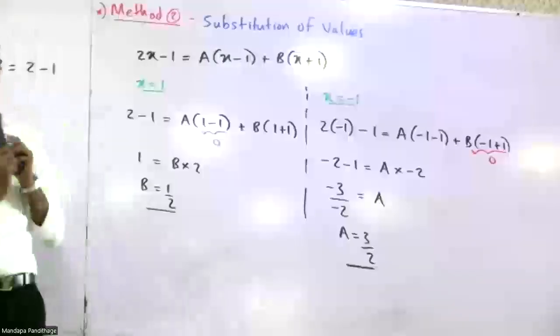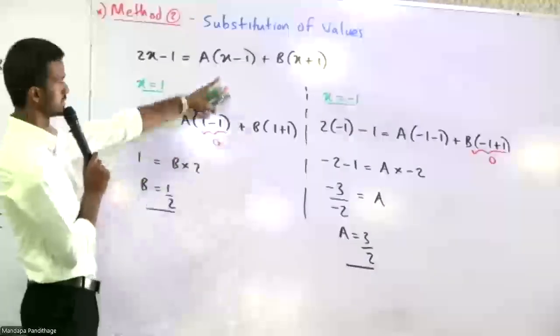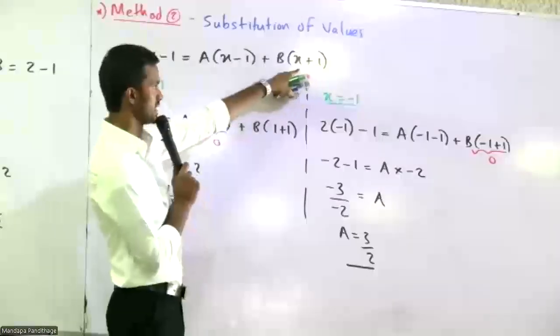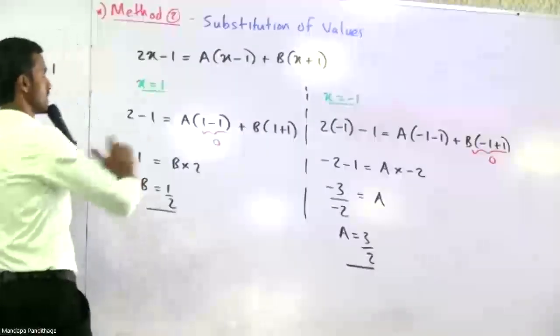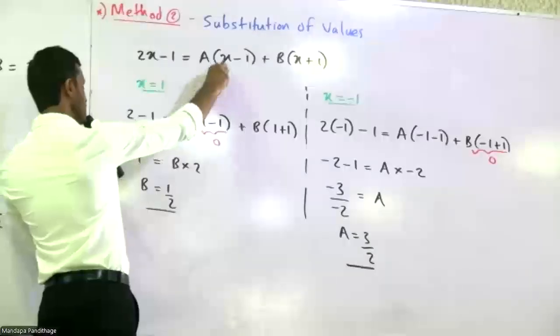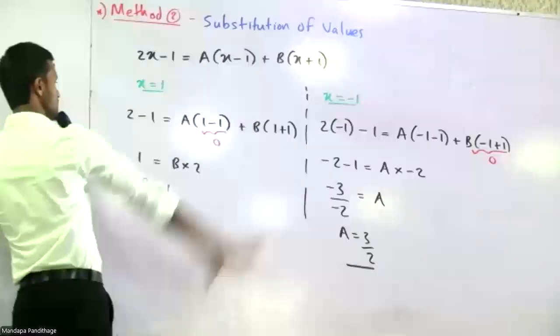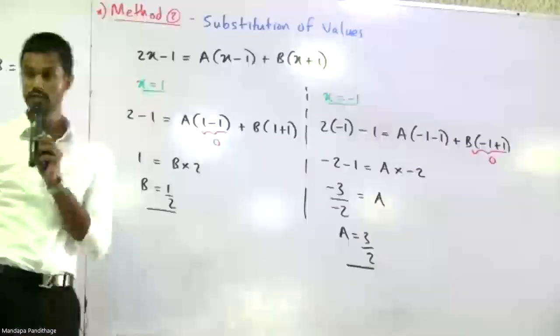We have to select values such that these factors are 0. This becomes 0 when x equals 1. This becomes 0 when x equals minus 1. So you are substituting those values. We are not just substituting random values. We are substituting values that make these factors 0. Clear? Okay.